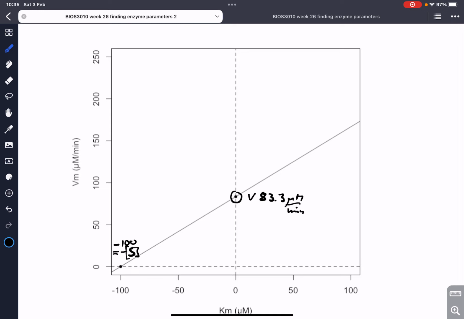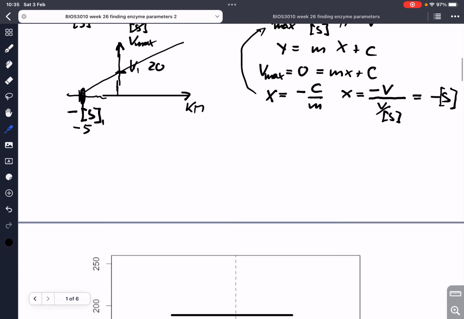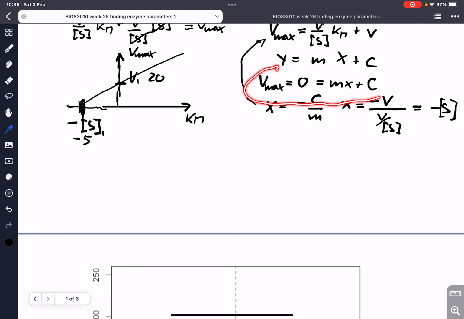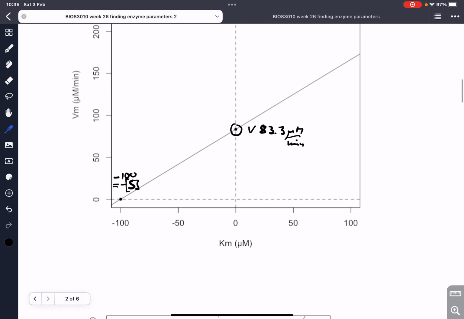So we've got a line, and what we know is that our values for Vmax and Km must be on this line, because that is what the equation says.